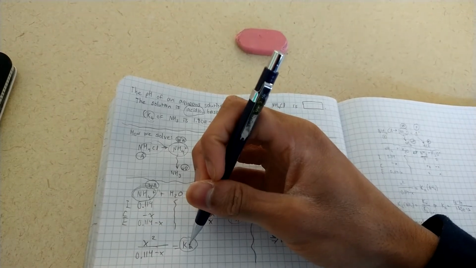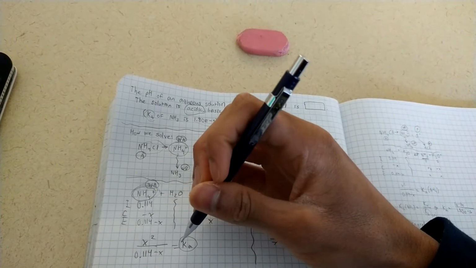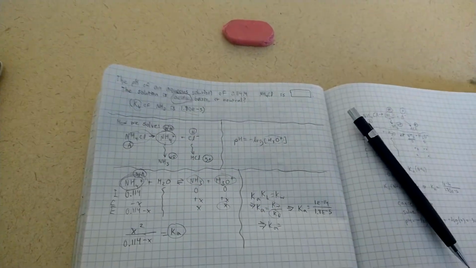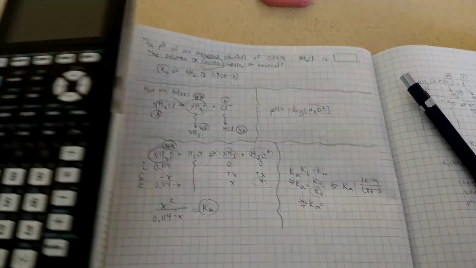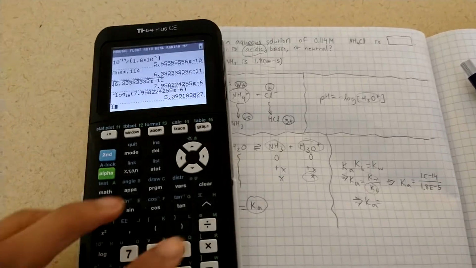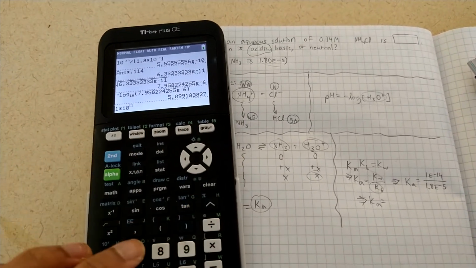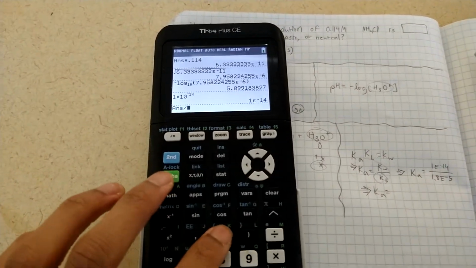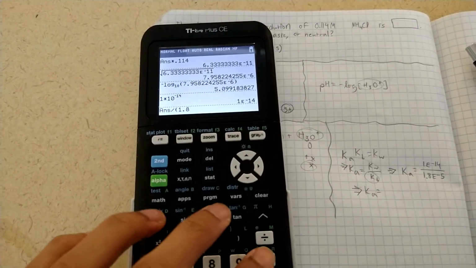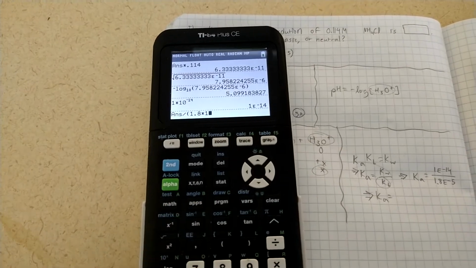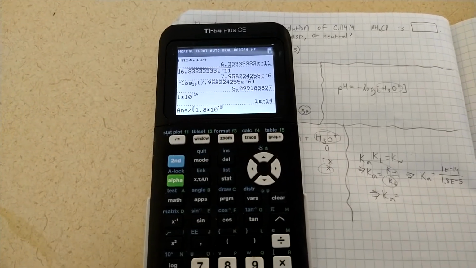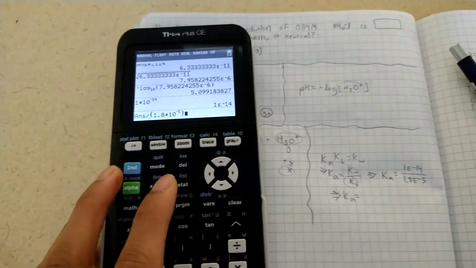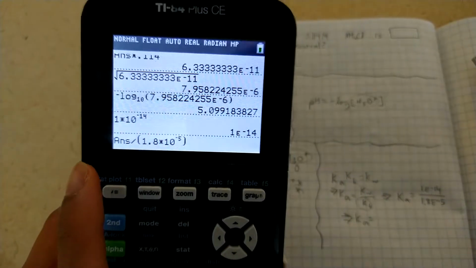That's not for this situation; here we use the Ka. I'm going to get my calculator and solve for the Ka right now.